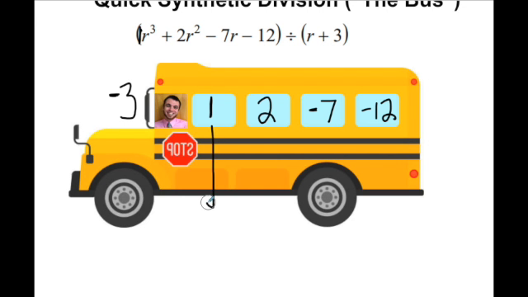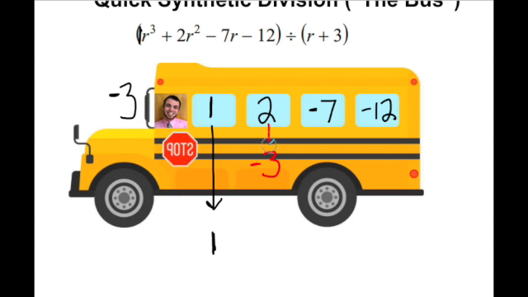Our buddy 1 comes down as 1. We multiply it by -3, the number on the outside. By the way, -3 is chosen because it's the opposite of this +3. The result sits with 2, underneath it.